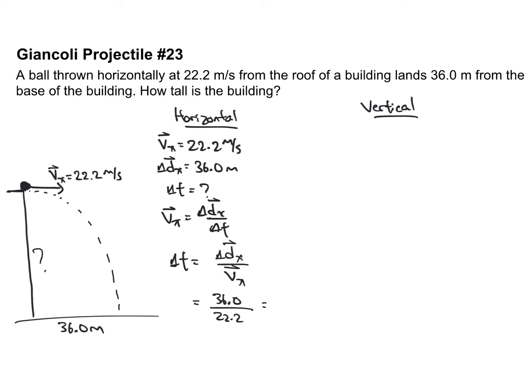It's going to be 1.622 seconds, rounding it a little bit, but keeping an extra digit here. Underlining 3 digits because both of those inputs have 3 digits. Okay, that can be transferred to my vertical information.